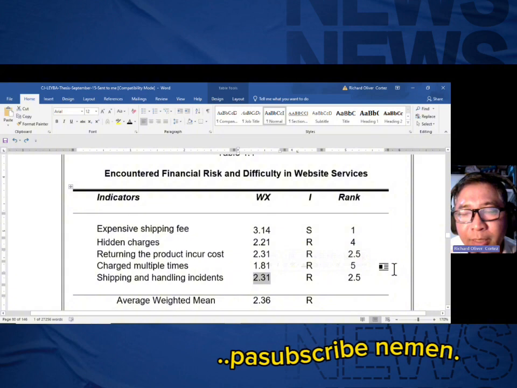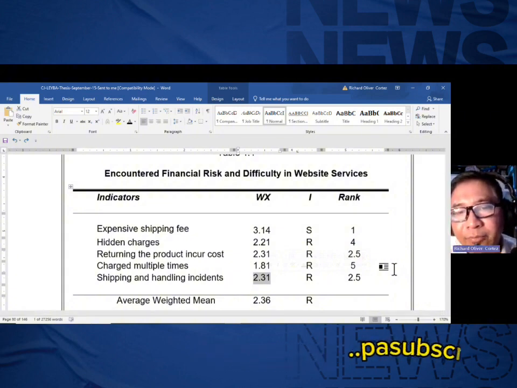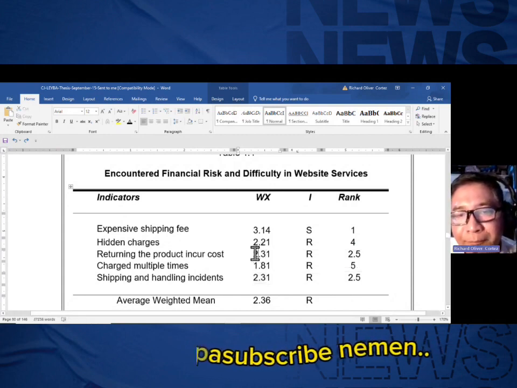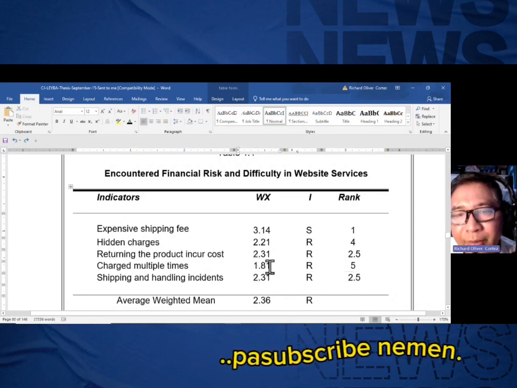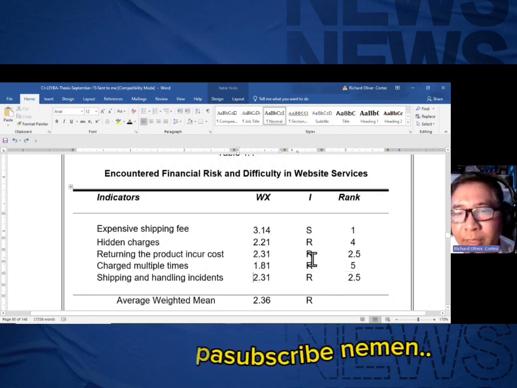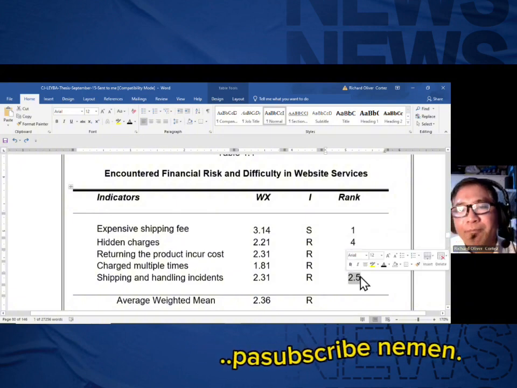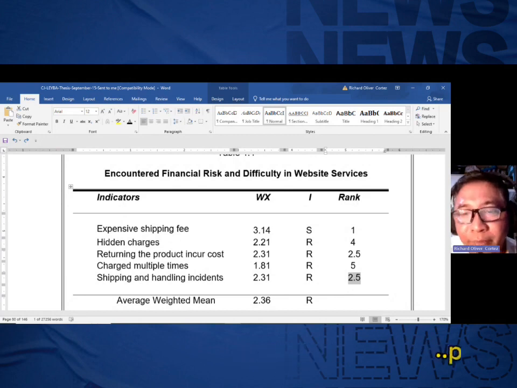So rank 2 and 3, that is 2 plus 3, that is 5. When you divide the 5 by 2, so why 2? Kasi dalawa lang sila maghahati. So that is 5 divided by 2. So the ranking is 2.5. Okay? Hindi rank 2 and 3, but 2.5.